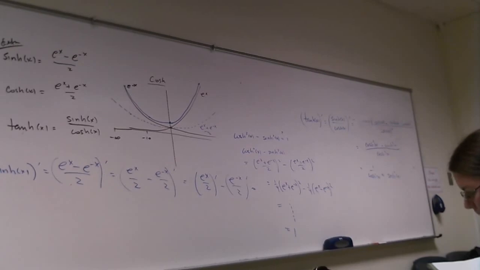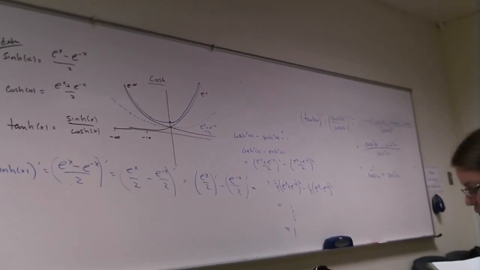If f of x is the inverse hyperbolic function, then apply the hyperbolic function to both sides. You take a function, you apply it to its inverse function, you get back x. Now you have something you can take the derivative of.